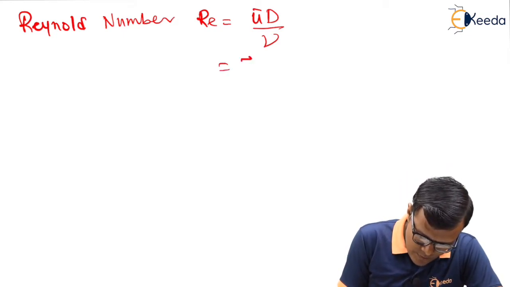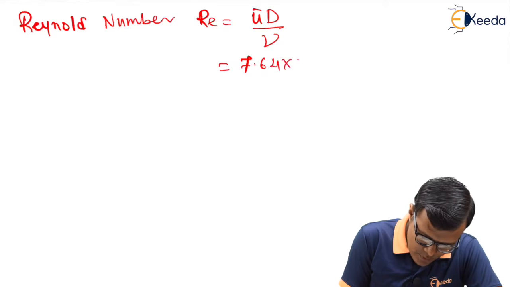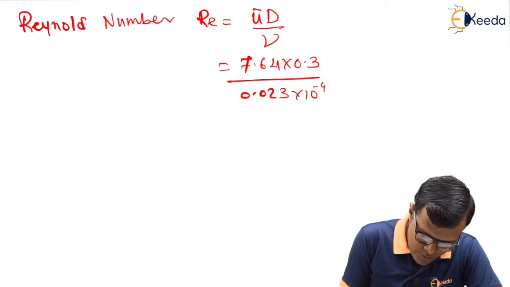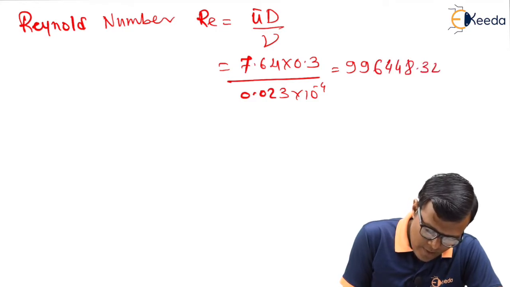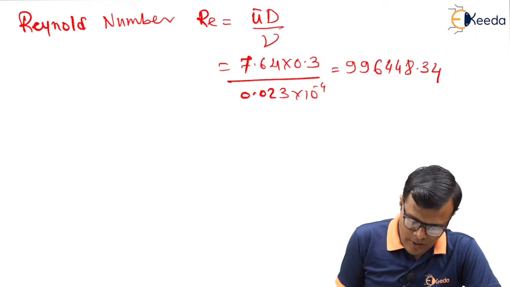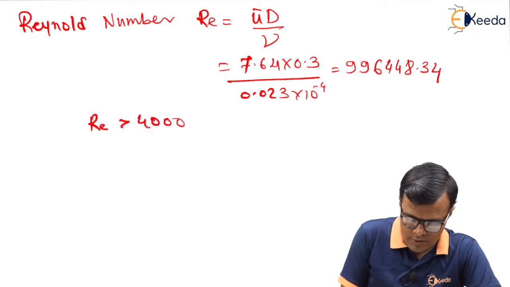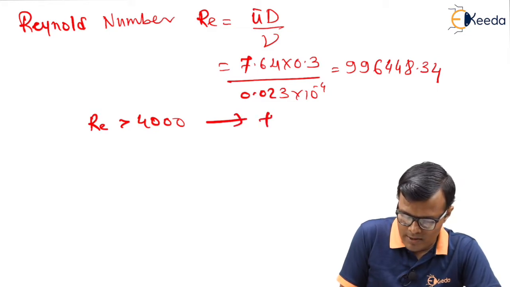So that is equal to 7.64 into 0.3 divided by 0.023 into 10 raised to minus 4, which is 996,448.34. So Re is greater than 4000, which proves that it is turbulent.